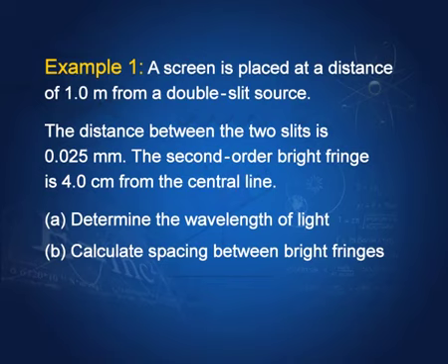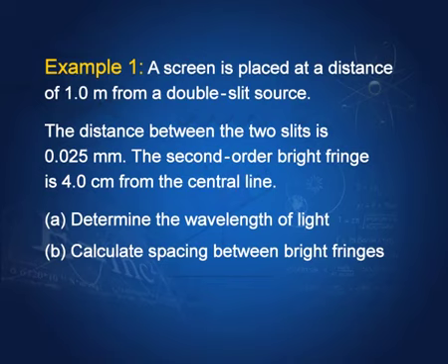Remember, small d is the distance between the slits, and this must be very small compared with the distance between the slits and the screen. The second order bright fringe is 4.0 centimeter from the central line.